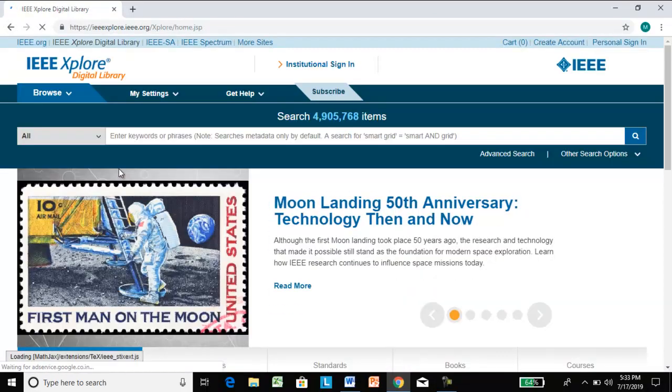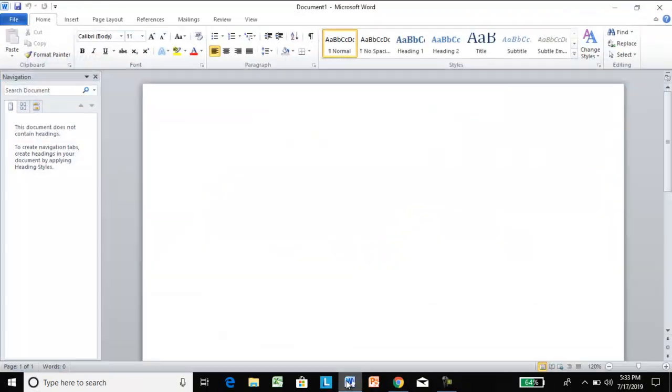In IEEE Xplore, I'm going to take papers. The first thing you need to do, before finding a problem, is choose the domain. Domains like image processing, networks, data mining, and so on. In that domain, what is the part or area in which you're going to work?